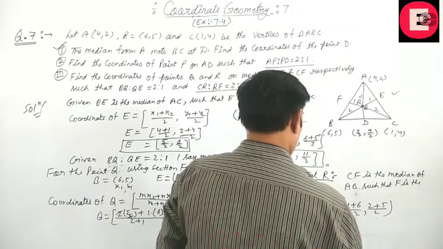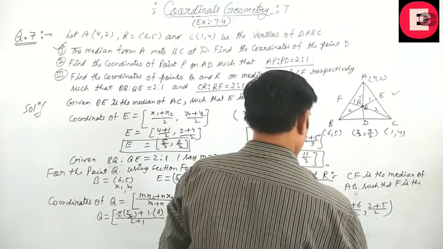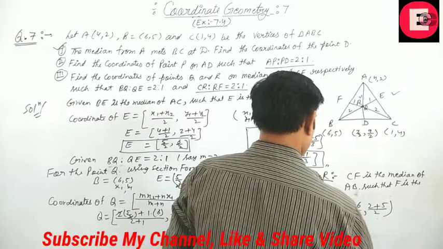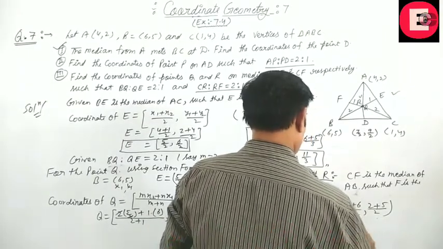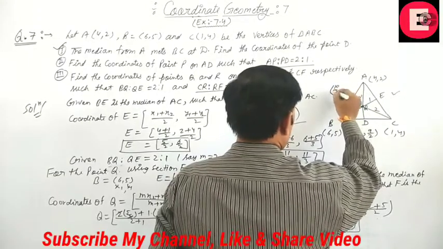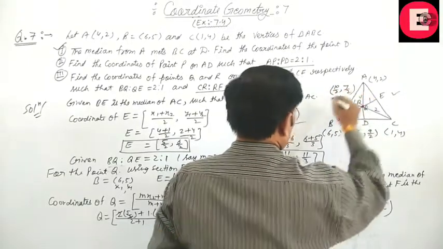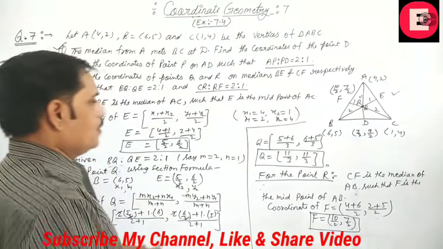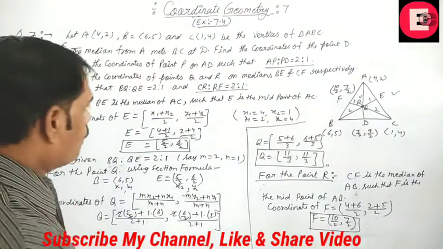So the coordinate of F is 10 upon 2 and 7 upon 2. Clear? So now we are going to find the coordinate of R.